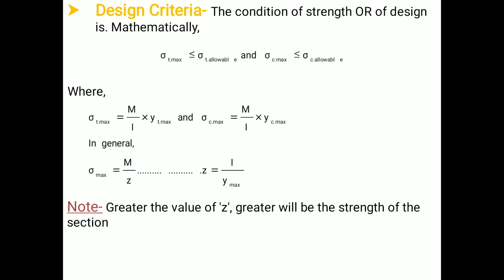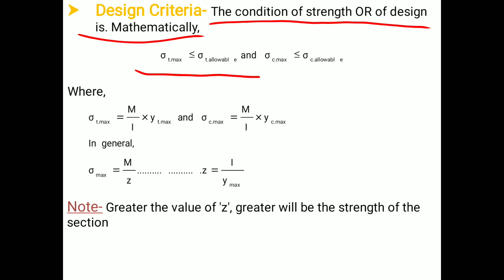Now we are going to discuss the design criteria for strength of material. The condition of strength or design is mathematically given by sigma t maximum less than or equal to sigma t allowable. Sigma t maximum means the maximum stress in tension, and it must be less than or equal to the allowable stress.